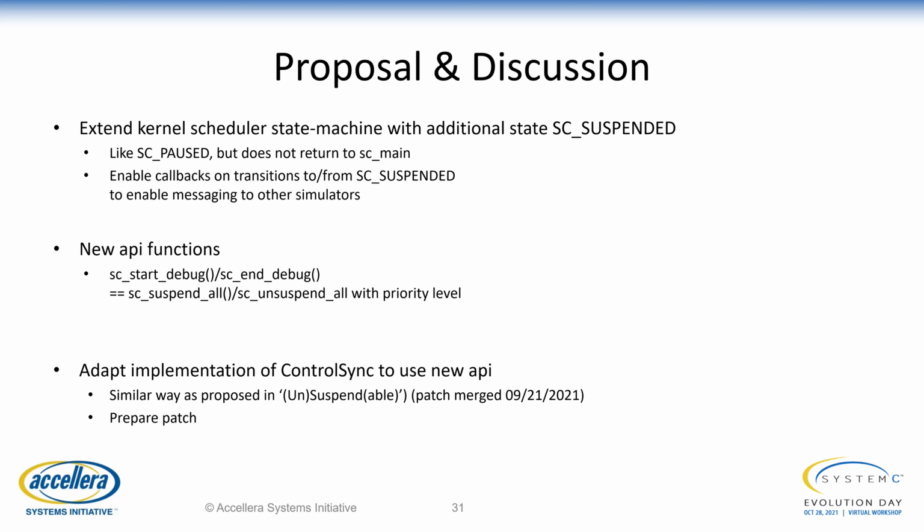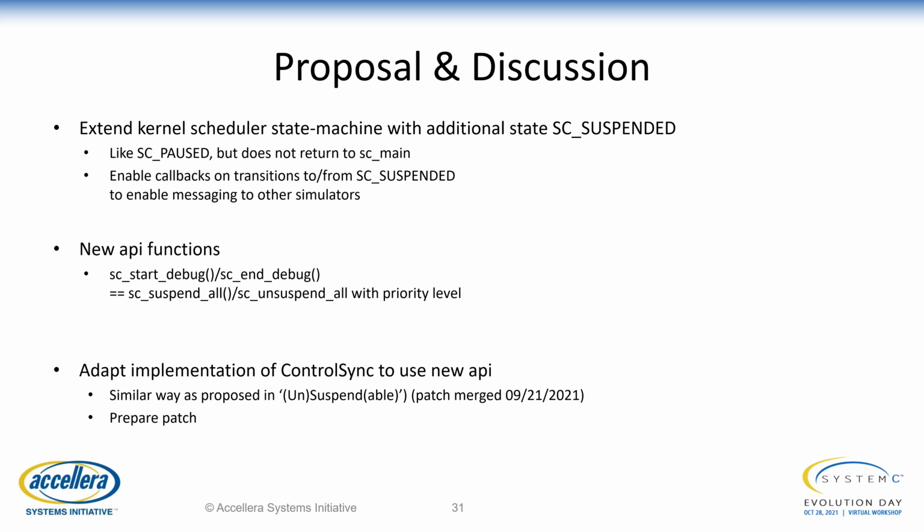It's like SC paused, but it does not return to SC main. So that would solve one of the issues at least. And I would like to have some callbacks on the transitions to and from this SC suspended to enable messaging to other simulators. So that might solve the issues with, let's say, distributed and/or hybrid simulations.